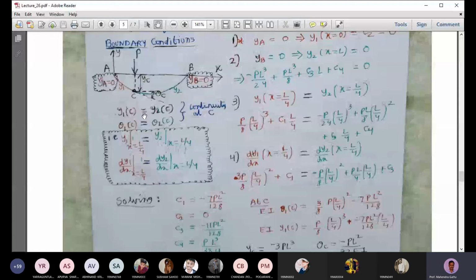So the slope of this red color line at that point is same as the slope of this green color line at that point. So that is the continuity here.